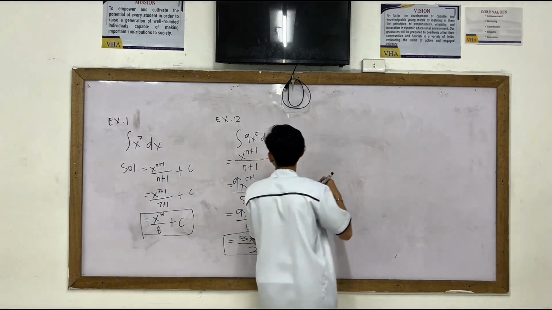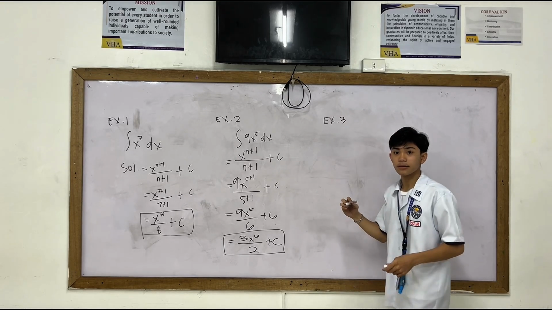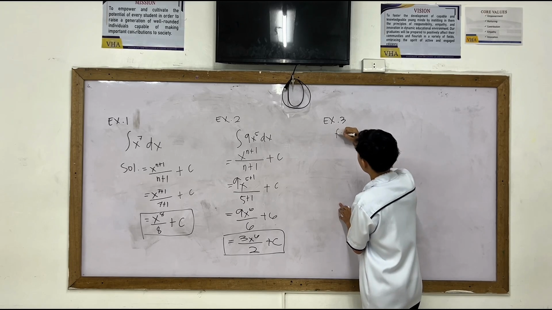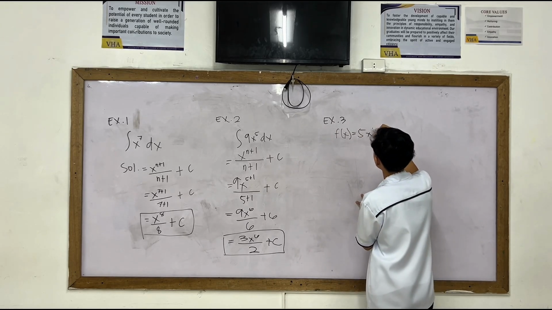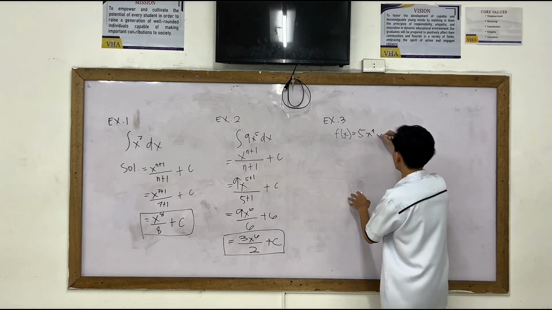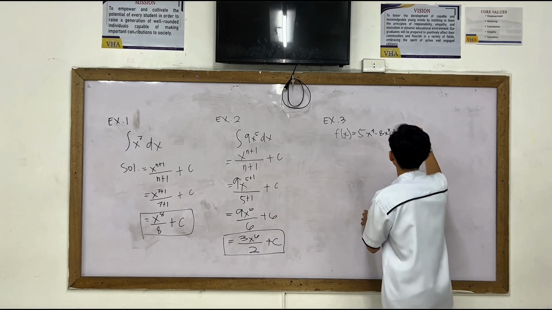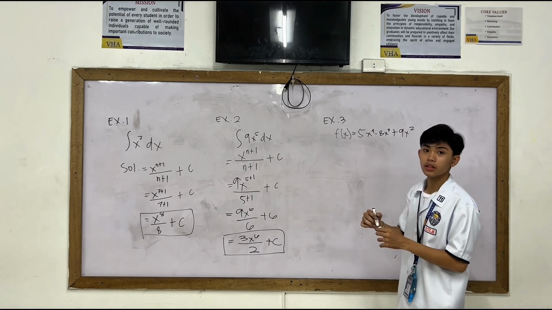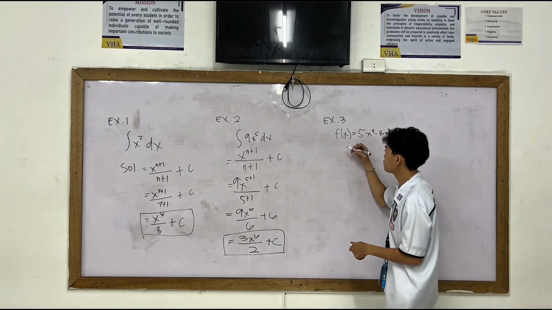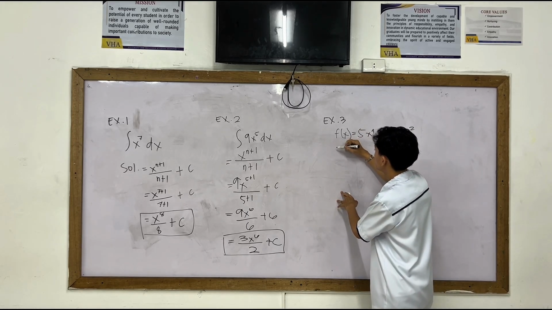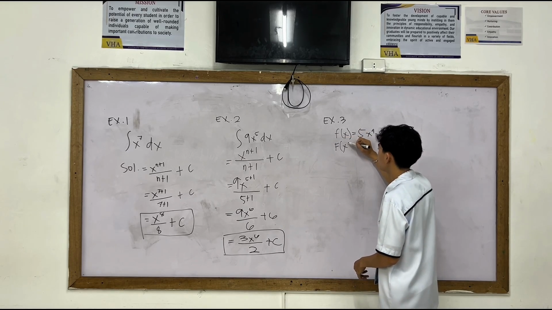Now let's move on to example number 3, which is given f of x is equal to 5x raised to 4 minus 8x cubed plus 9x squared. So to get its antiderivative, we're going to take that and then take the capital F of x.